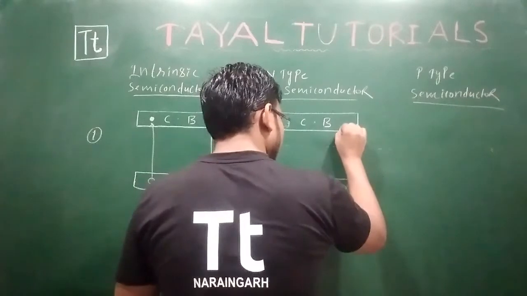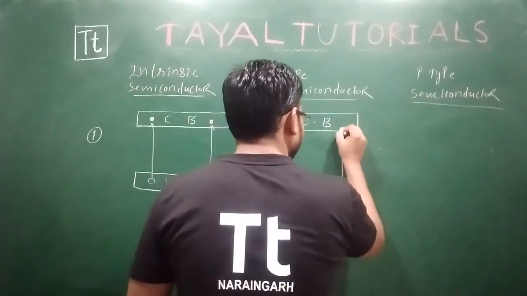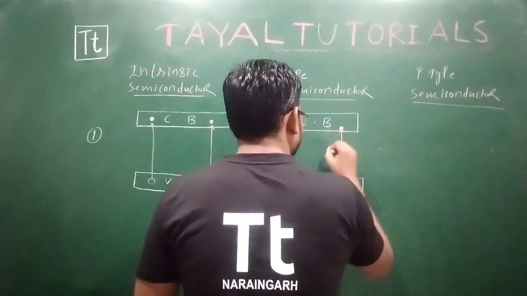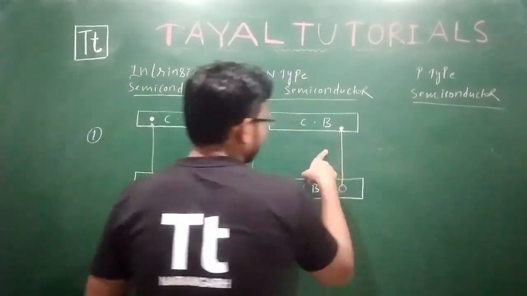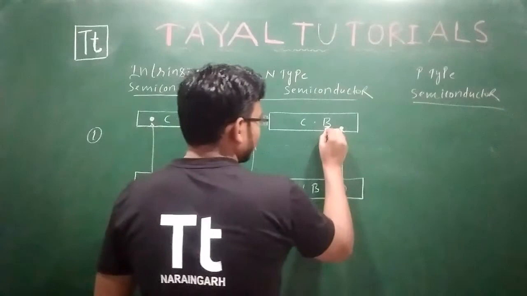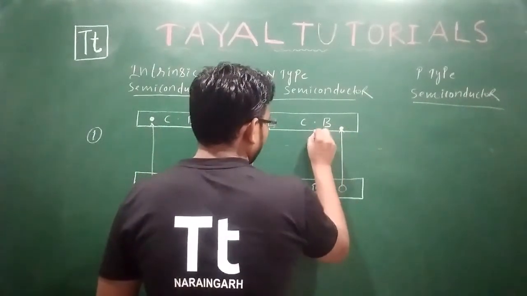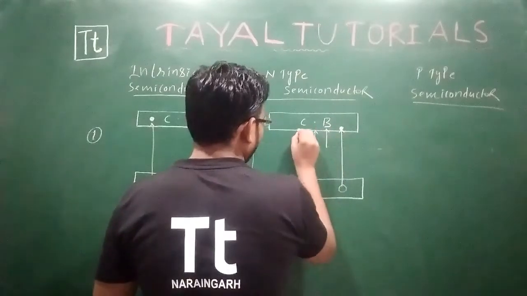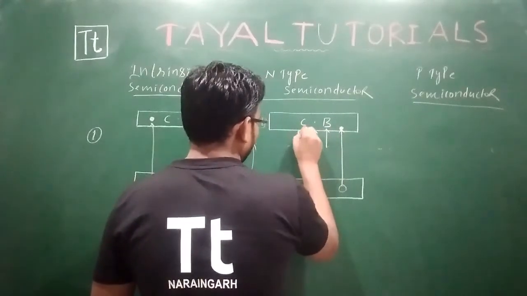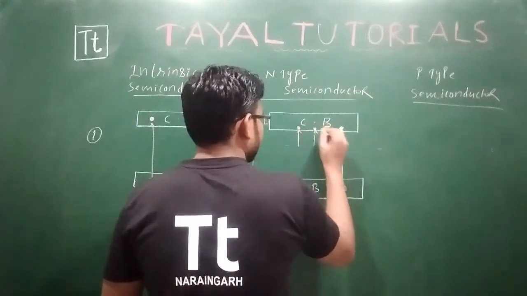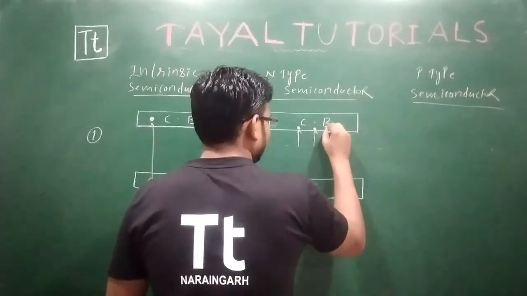So from here an electron may go to the conduction band, and there is another possibility, the donor level is there, here the electron will be there. An electron can also go from here, because of the pentavalent impurity. So this is your donor.